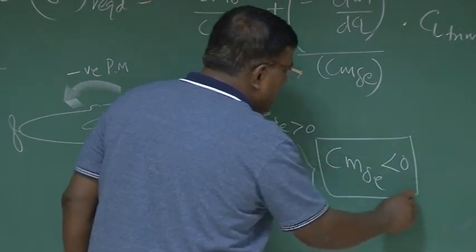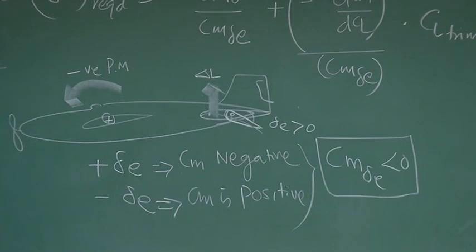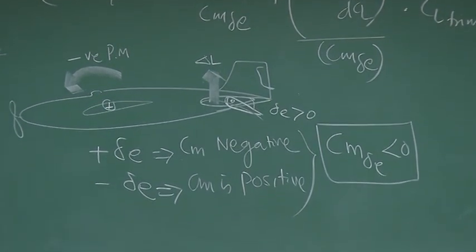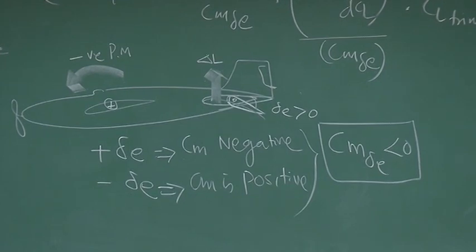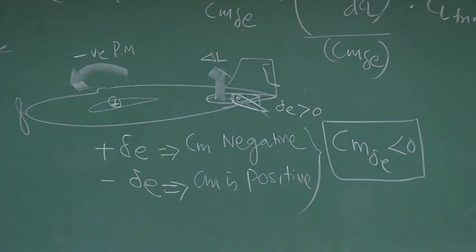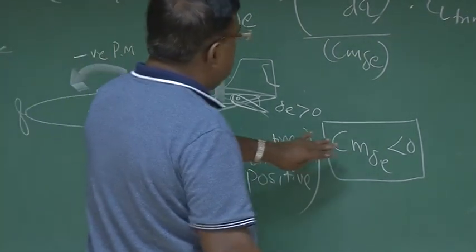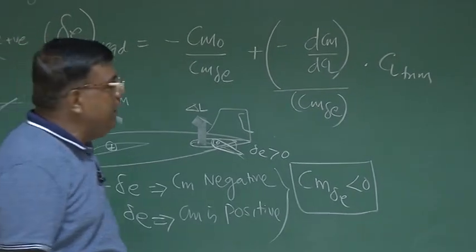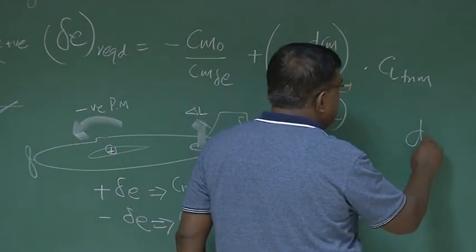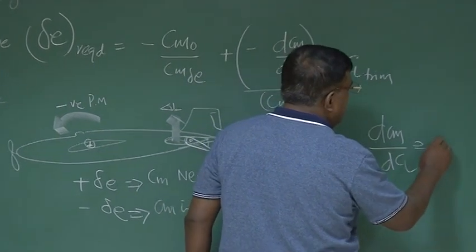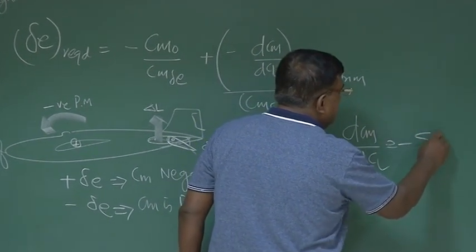What is the meaning of Cm delta E? That is the change in pitching moment coefficient per unit elevator deflection only, everything else remaining the same. Is it clear? So that is the meaning of Cm delta E. What was dCm by dCl? We are experts by now. dCm by dCl is approximately, as you have seen, minus of the static margin.